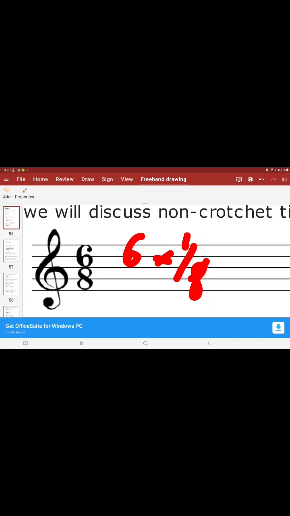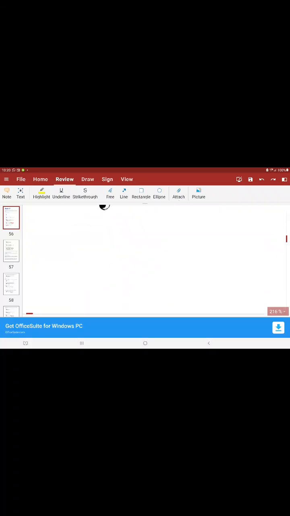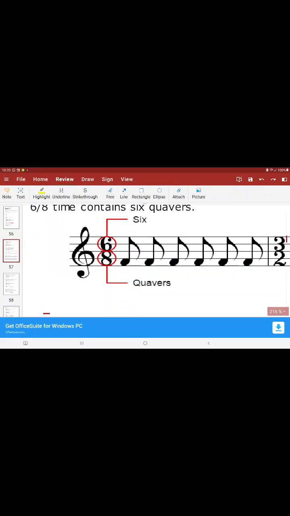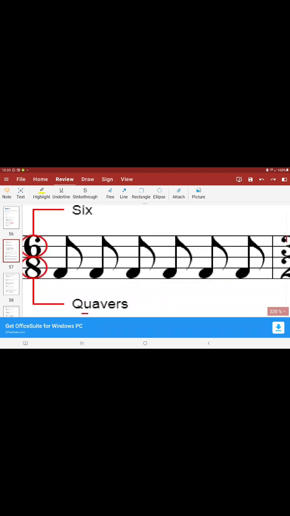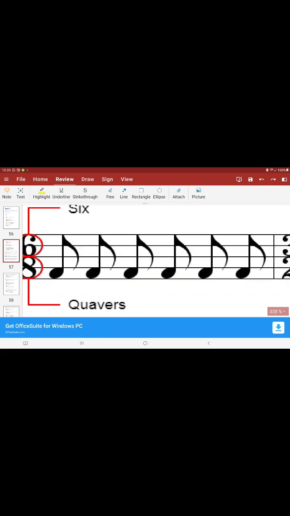That is what that is telling us. Say an example of 6/4, 6 crochets in a bar. Count them: 1, 2, 3, 4, 5, 6. So you can see 6 eighth notes, which is 6 quavers in a bar.